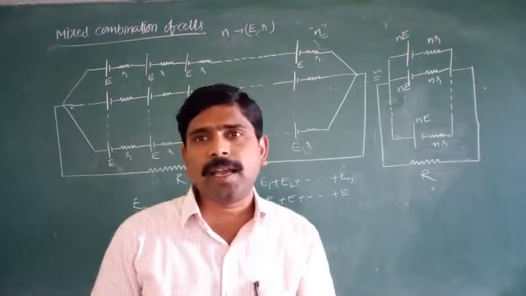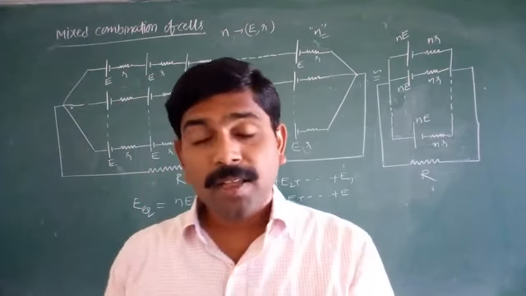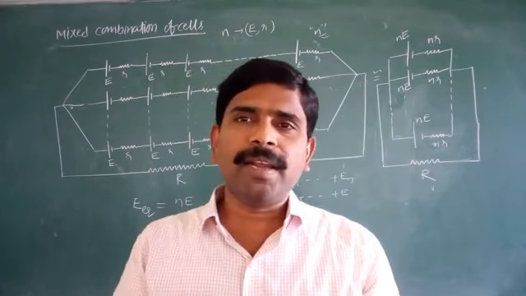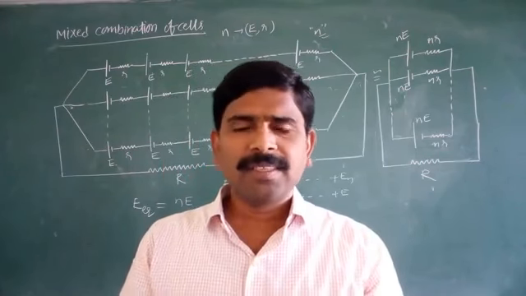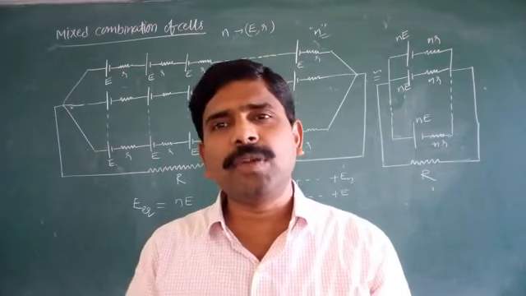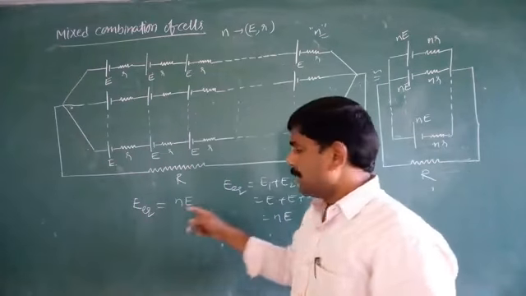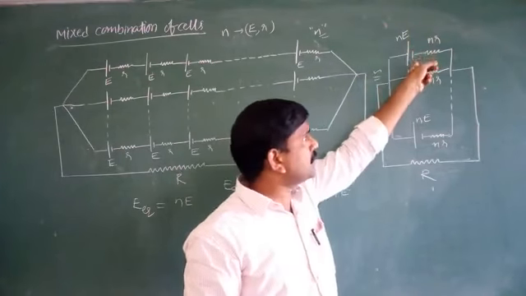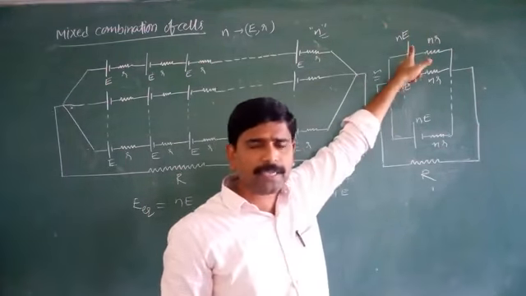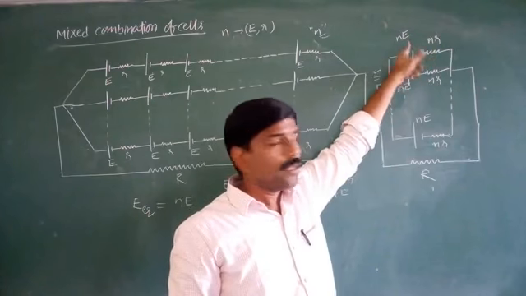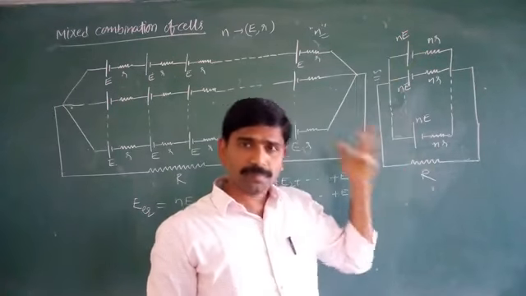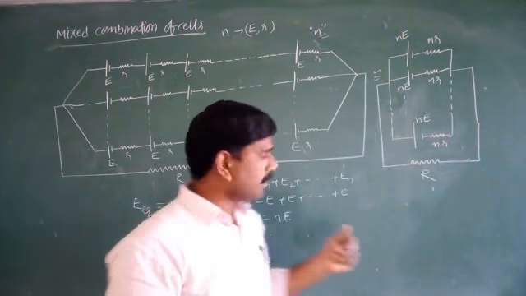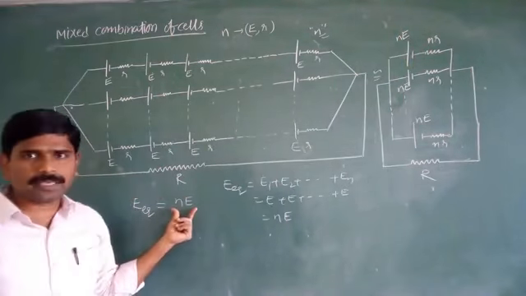When two identical cells are connected in the parallel combination, the equivalent EMF is the EMF of the individual cell. Here it is also the same. NE is the EMF of a particular cell. How many such cells are there? M cells are there, all connected in the parallel combination. Then equivalent EMF is equal to NE.